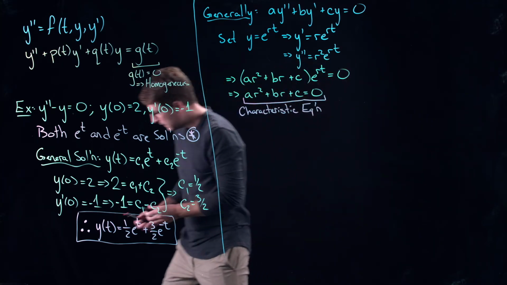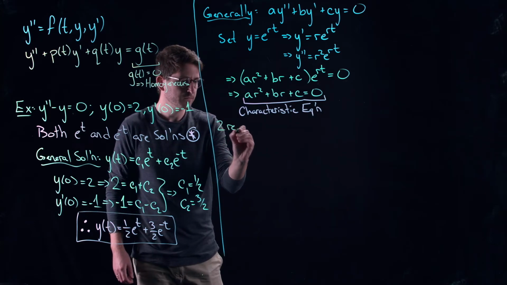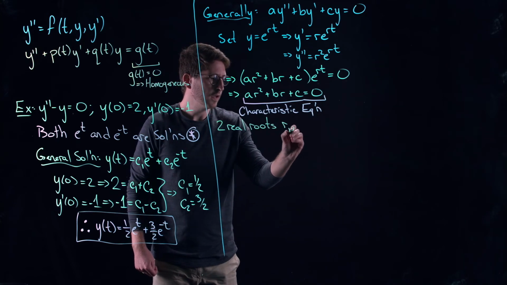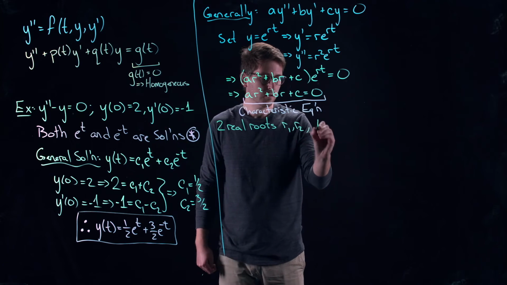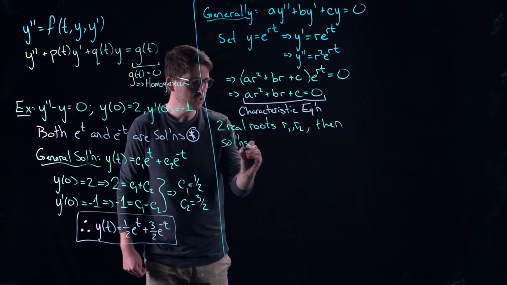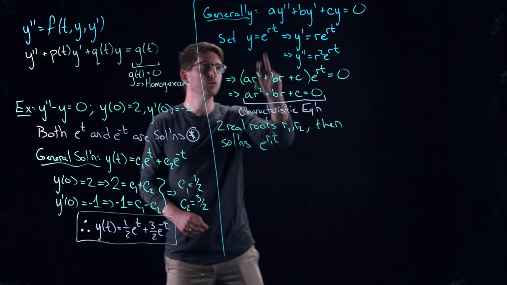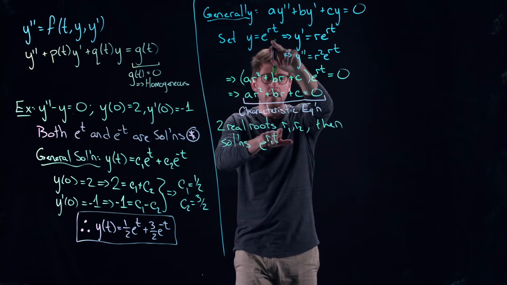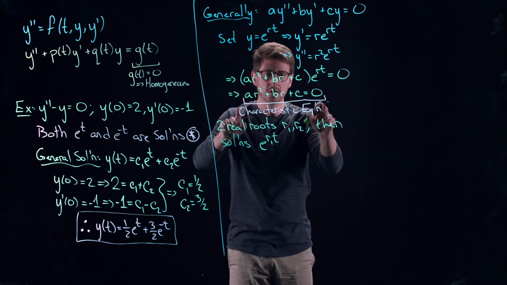And what we get is that if we have, say, two real roots, which I'm going to call r1 and r2, then we have solutions to the differential equation given by e to the r1 t. Remember, we assumed that the solution to the differential equation was e to the rt. Now I identified one of the values that actually makes the characteristic equation 0.